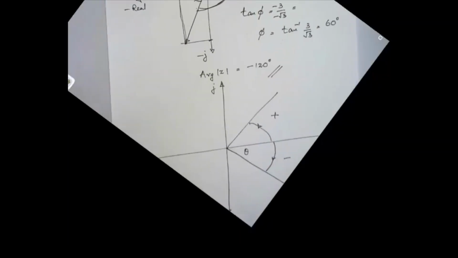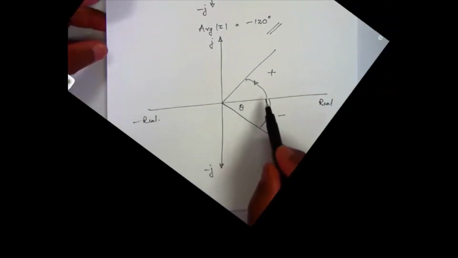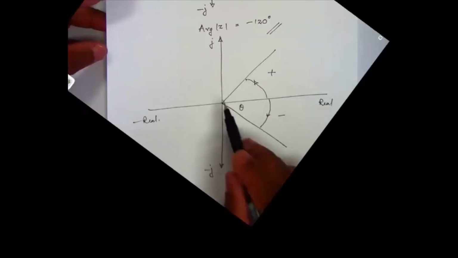So when you are asked to find the argument of a complex number, you have to draw the Argand diagram and locate where the phasor is, and then the angle, whether it is a positive angle or a negative angle, and use the methods that we used above to find the angle. Thank you.